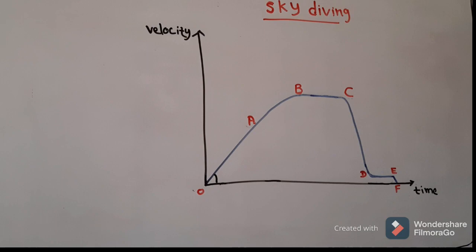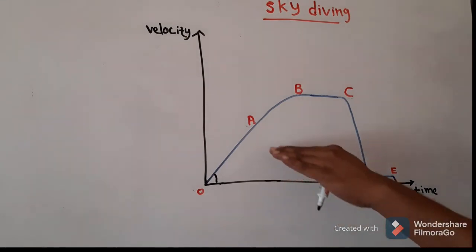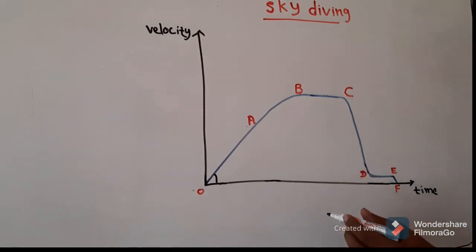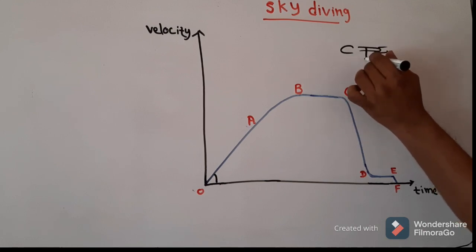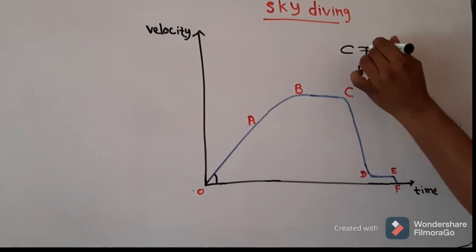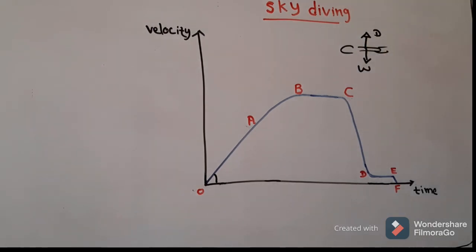How does this happen? As the skydiver jumps from the plane or the helicopter, he falls under gravity. If we consider the forces acting on the skydiver, his weight acts down and air drag acts upwards.